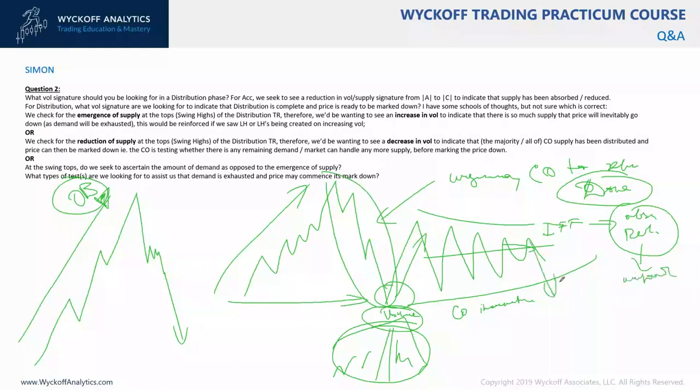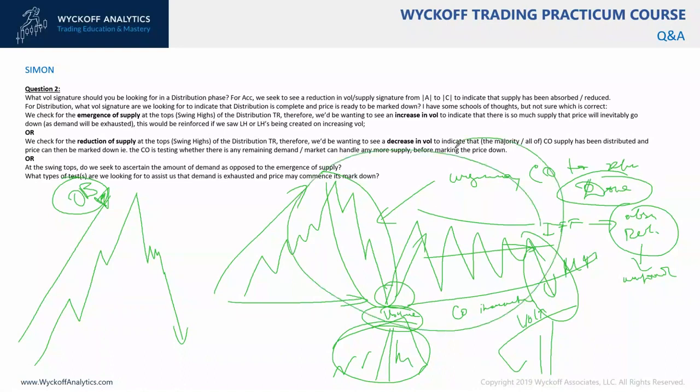That will produce a move to the downside on the increased volume signature. And because of that volume increase, momentum is going to increase to the downside. So it's kind of the same way how the distribution unfolds. We really just have to figure out the top part, the bias and the timing.